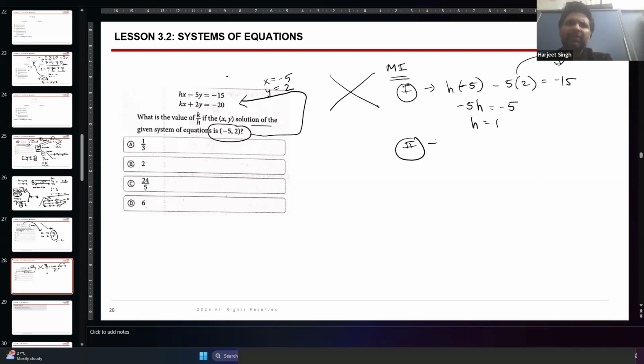The second equation, which is kx. So put minus 5 and 2 in equation 2. So k into minus 5 plus 2 into 2, which is 4, equals minus 20.